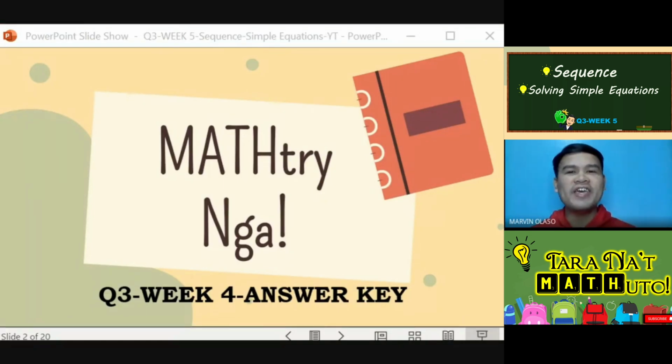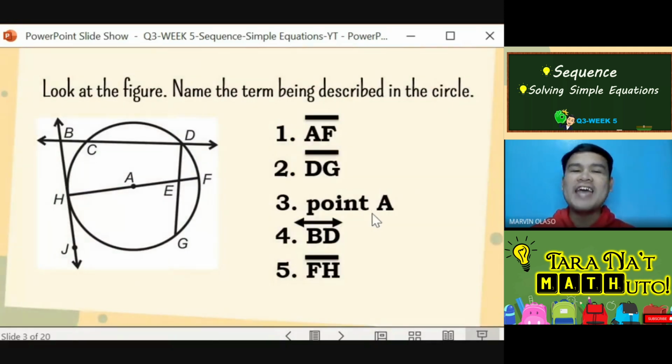Okay, and here is the answer key for quarter 3 week number 4. Number 1, line segment AF is radius. Number 2, line segment DG is chord.